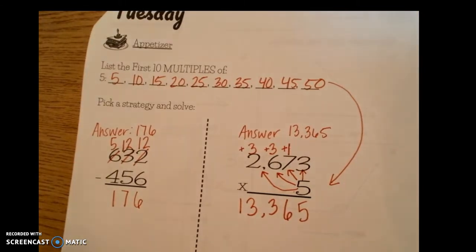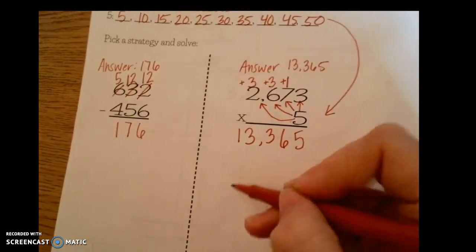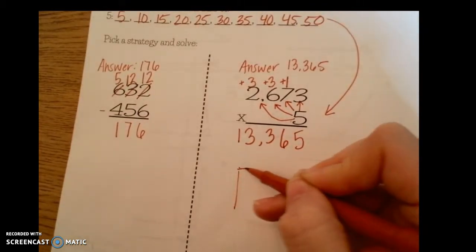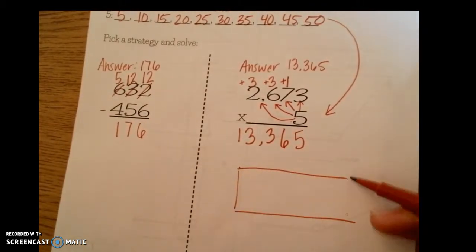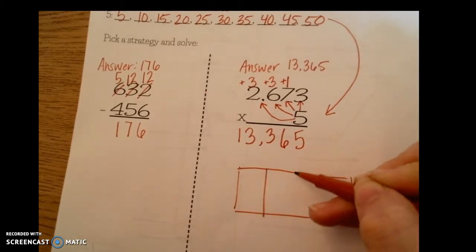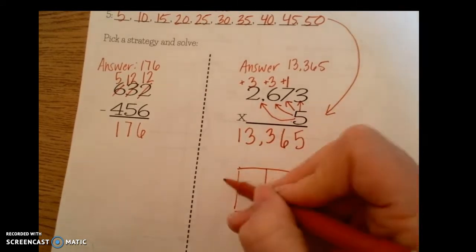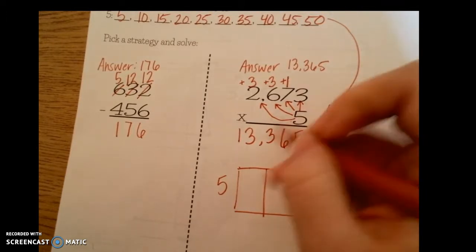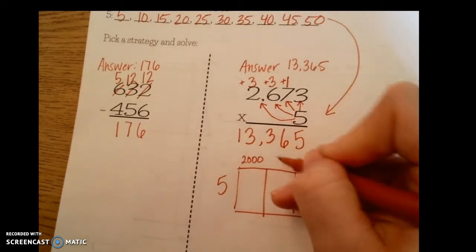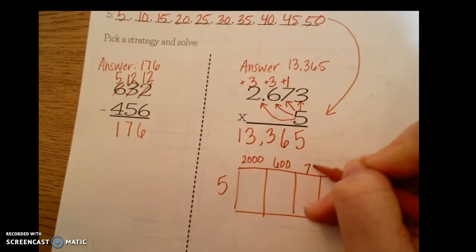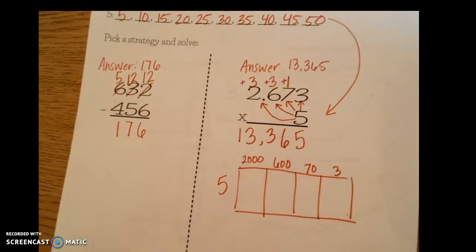Okay? If you did this using an area model, it should look like this. Put your 5 here, 2,000 here, 600 here, 70, and 3.